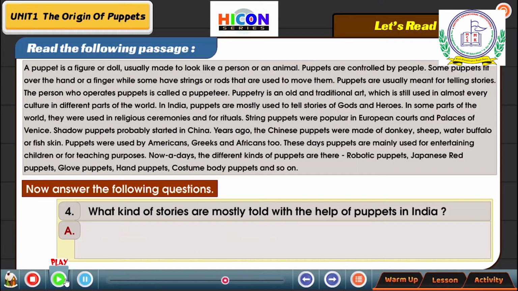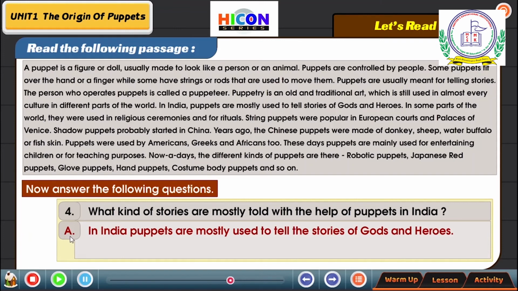Now we need to tell what kind of stories were told using puppets in India. Puppets were mostly used to tell the stories of gods and heroes. So in India, puppetry was basically for the purpose of telling stories of gods and heroes.